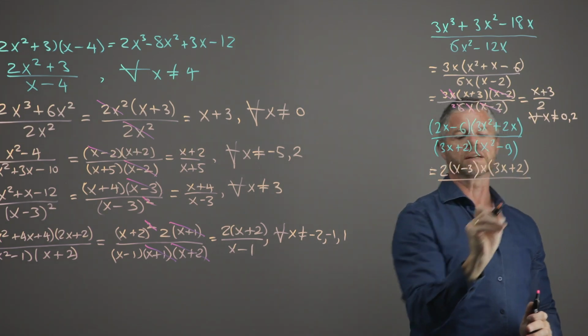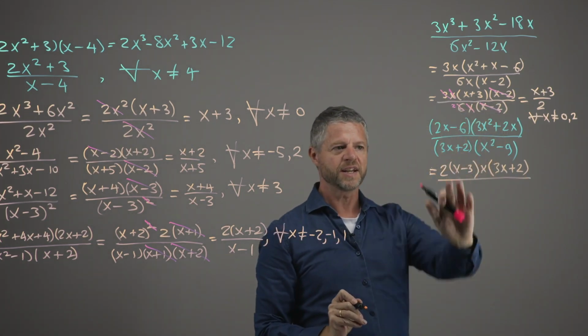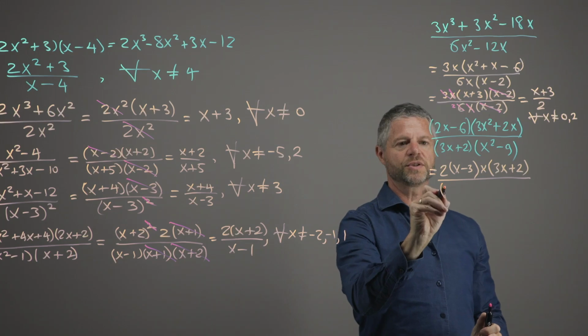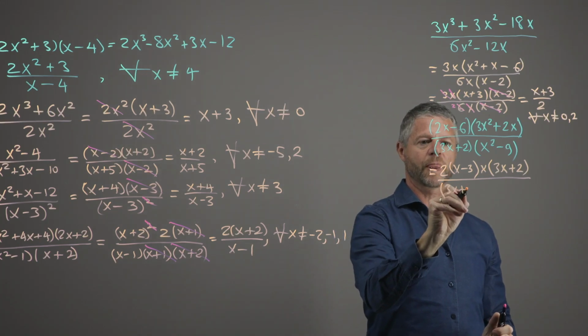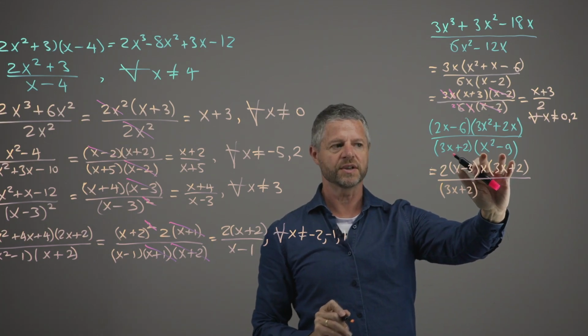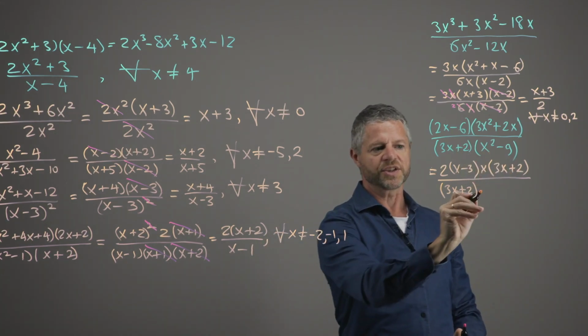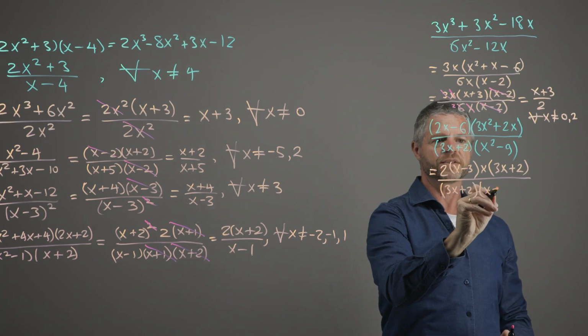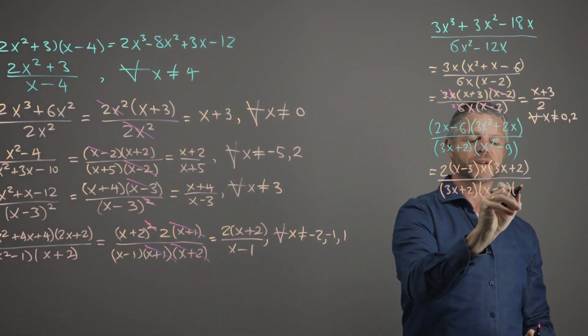And then in the denominator, I got 3x plus 2. Then this is a difference of squares, so I can factor that using conjugates, x minus 3 and x plus 3.